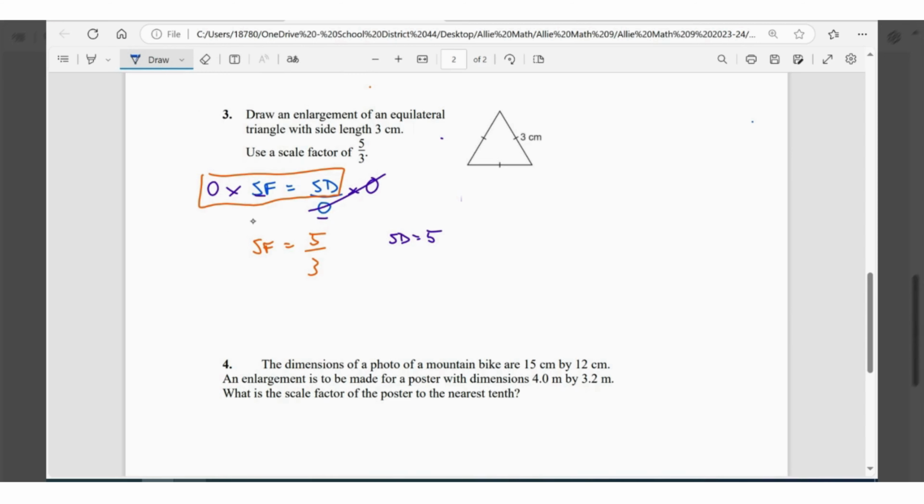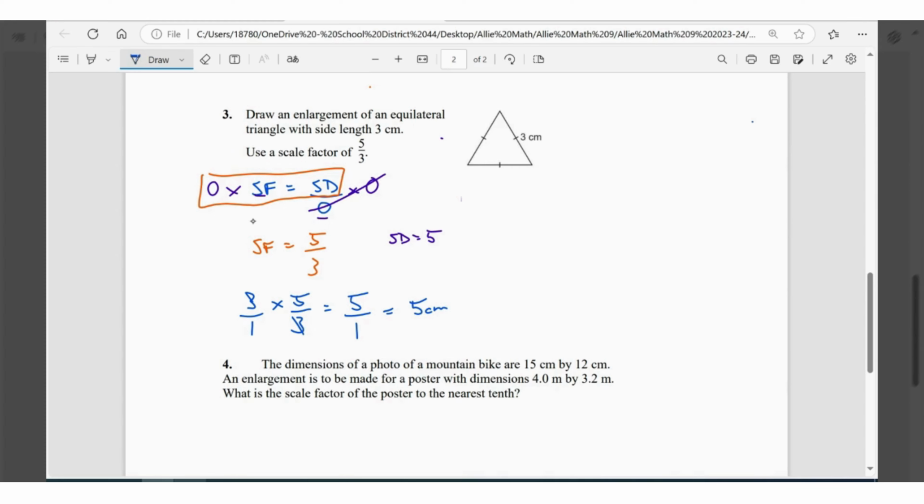We have the original 3 times the scale factor, 5 over 3. And you can certainly cross reduce here if you would like. Remember, this is like 3 over 1. So you could cross reduce and get 1 times 5 is 5, and 1 times 1 is 1. And lo and behold, our scale diagram needs to be 5 centimeters.